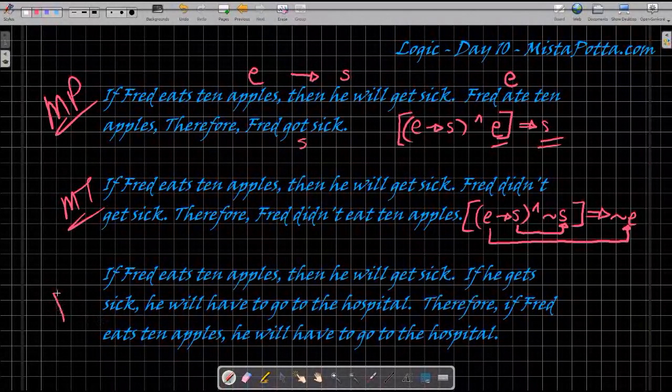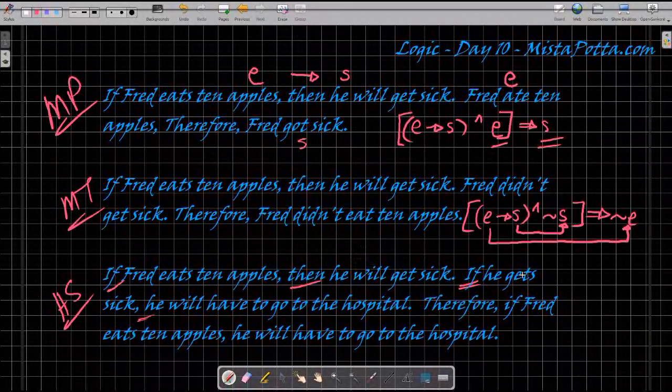And as I mentioned, the hypothetical syllogism argument is really easy to identify because I'll see two conditionals. There's the first one, and here's the second one. If Fred eats 10 apples, then he will get sick.